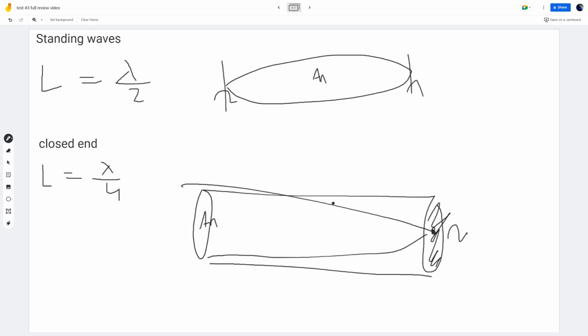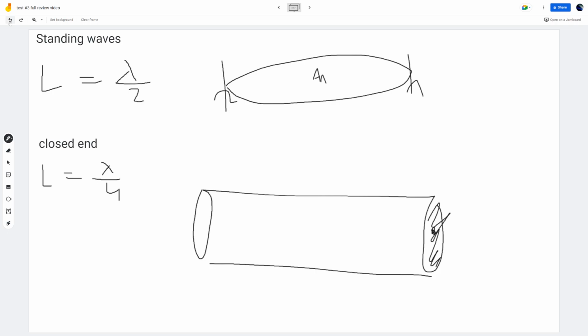As it increases, I think you can reason out how it's going to go. We're still adding half a wavelength every time, but just starting at wavelength over 4.